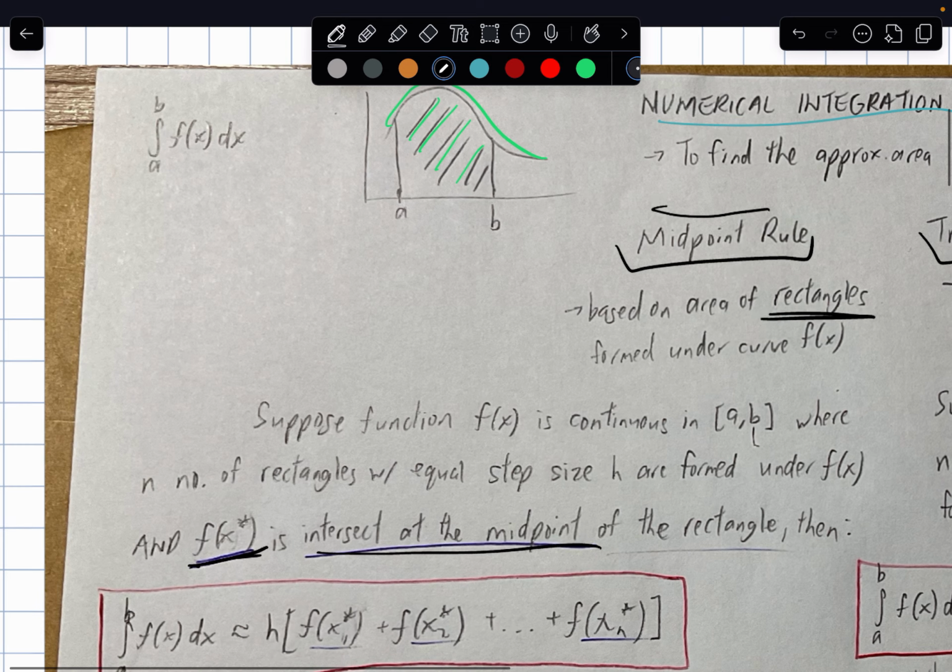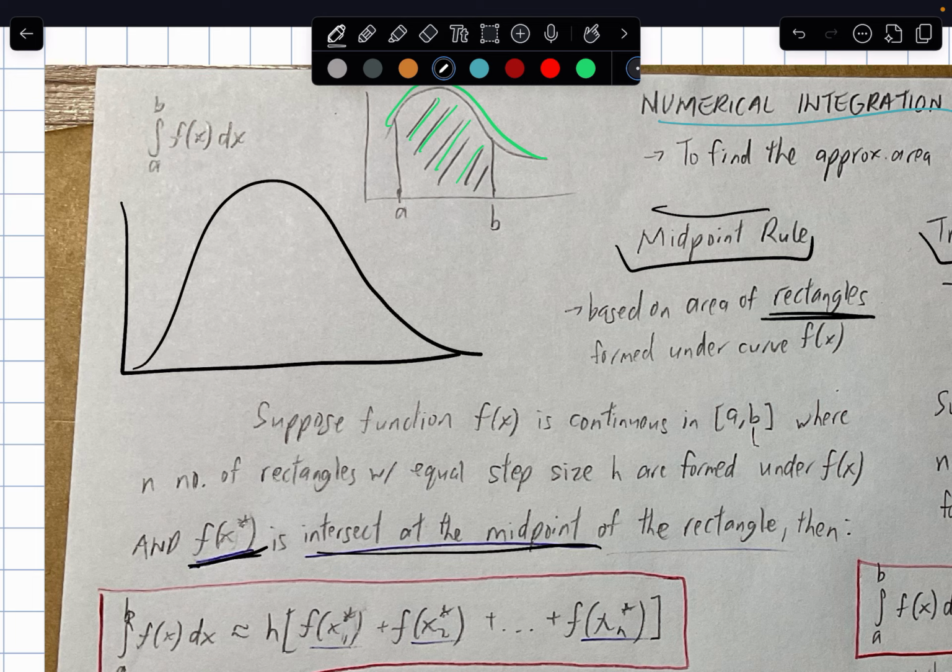If it's hard to visualize, let me draw it. So let's say we have a curve like this, and we divide it into several intervals. How many intervals? Just many. When we say based on the area of rectangles, it's actually like this.